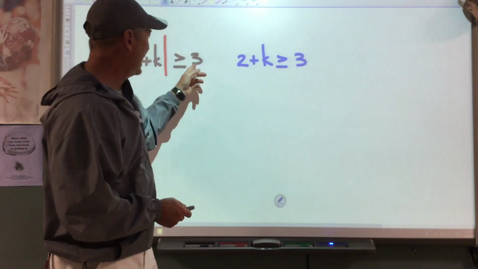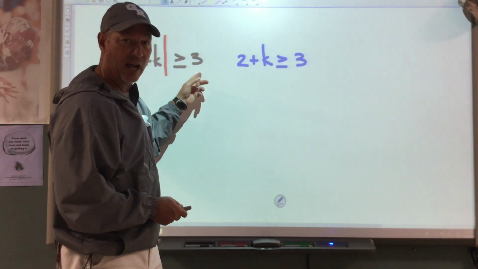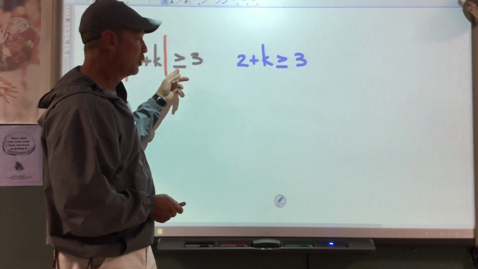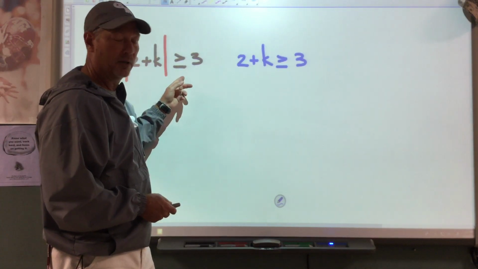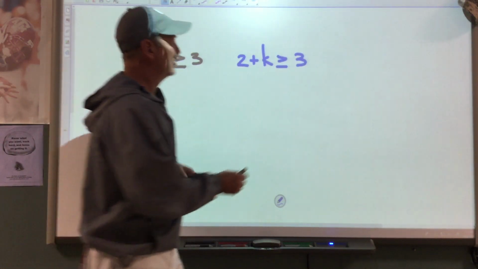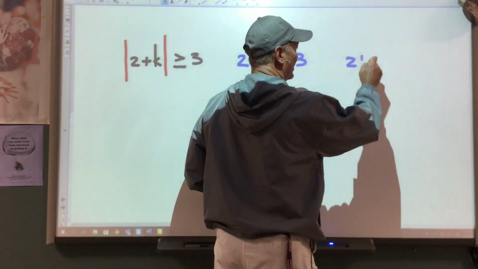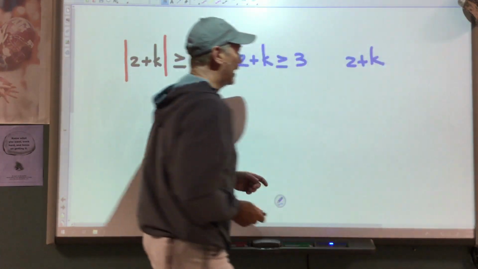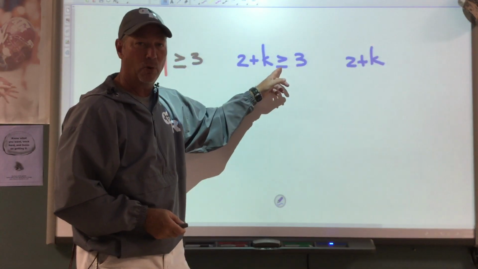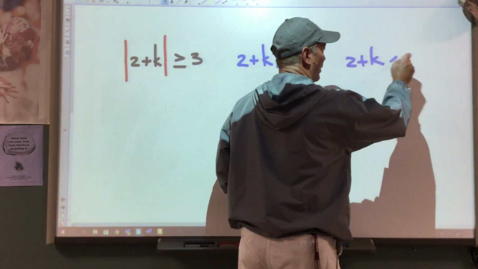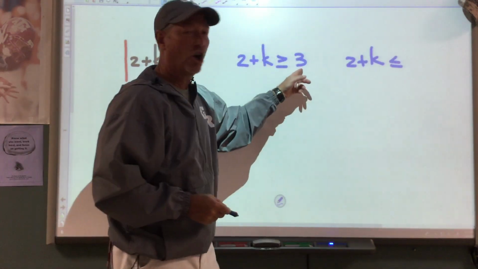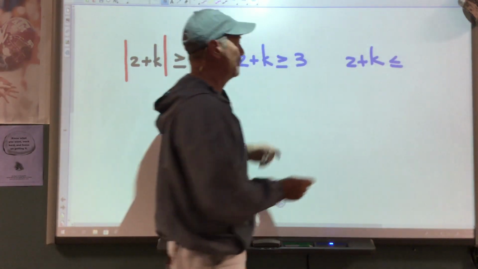So since we're going to take the opposite the second time, we're also going to have to flip this symbol. So the second time, 2 plus k, we're going to flip our symbol and also take the opposite.